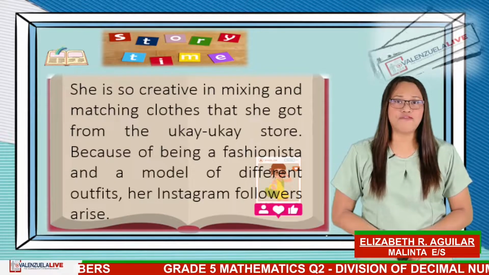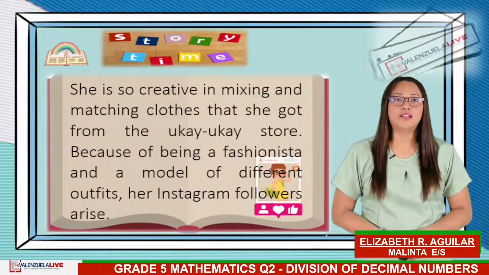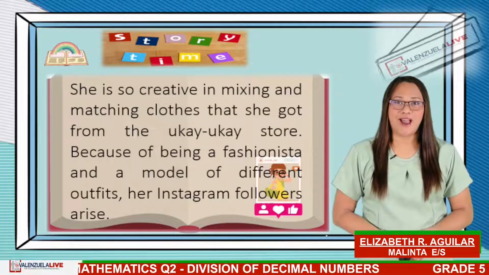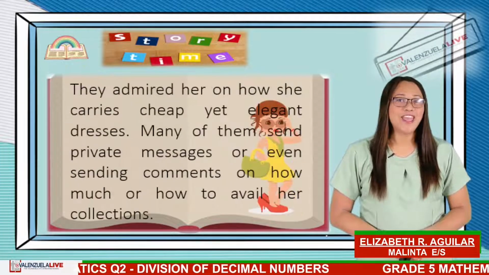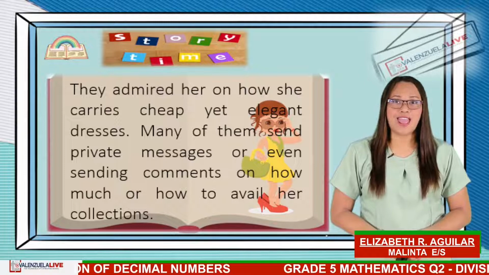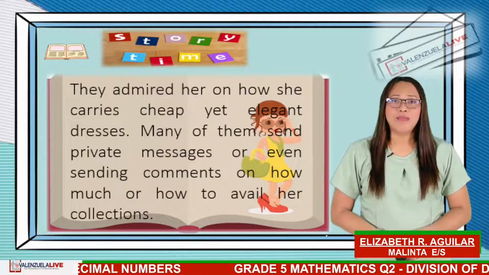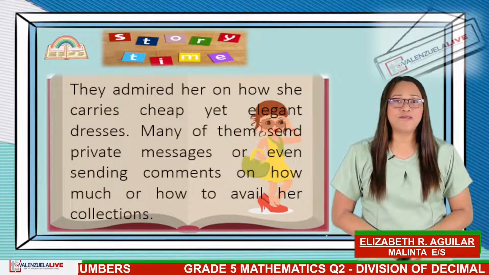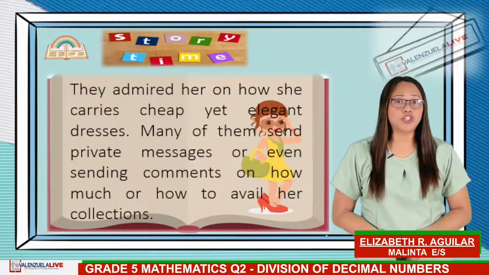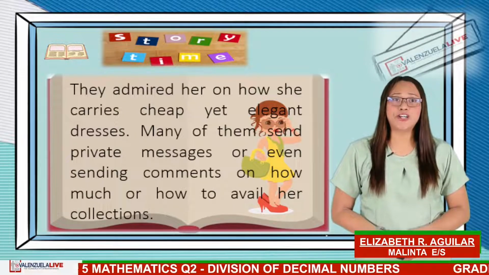Because of being a fashionista and a model of different outfits, her Instagram followers increased. They admired how she carries cheap yet elegant dresses. Many of them send private messages or comments on how much or how to avail her collections.